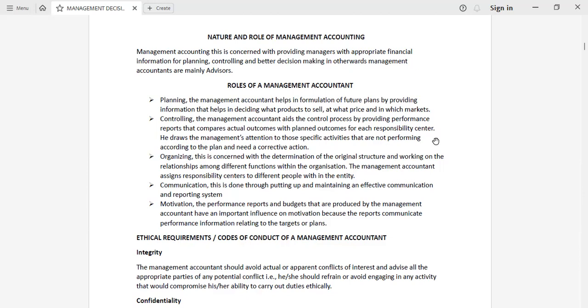But the management accountant goes ahead to advise, meaning the management accountant always has broader ideas in terms of tax, finance, and every aspect, costing and all that.